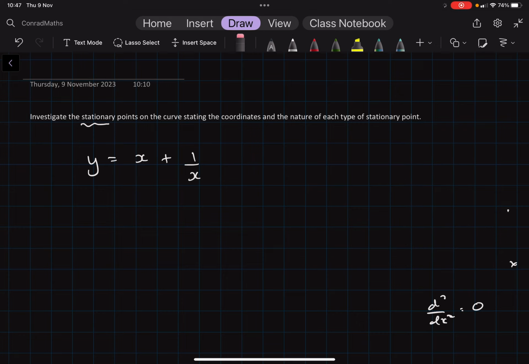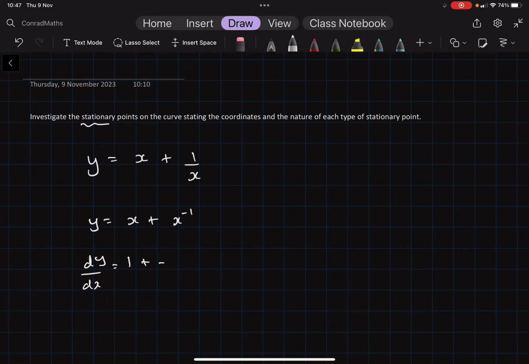Okay, so this needs to be readied for differentiation. So we're going to rewrite the 1 over x as a power, so x to the negative 1. Okay, it is now ready to be differentiated. dy/dx is 1. I'm going to show every step in this.